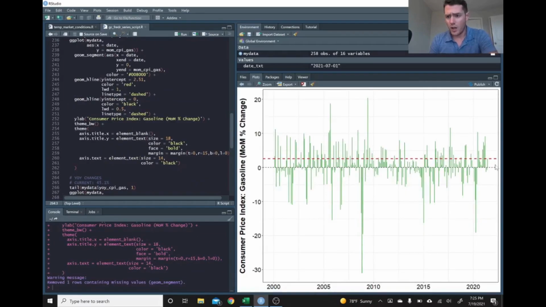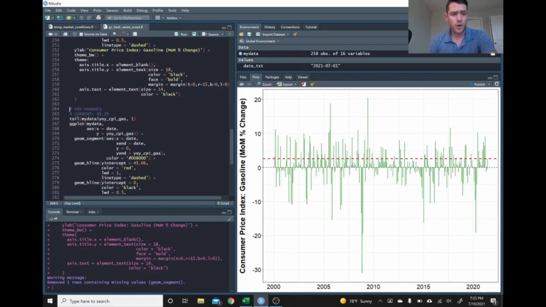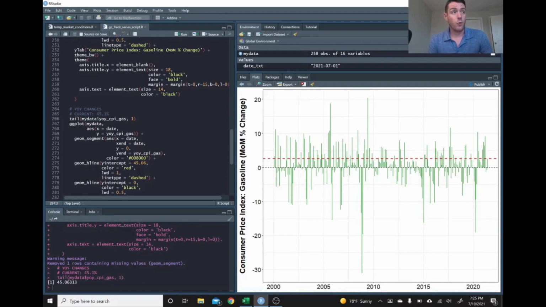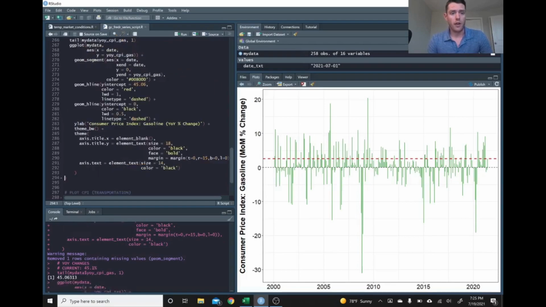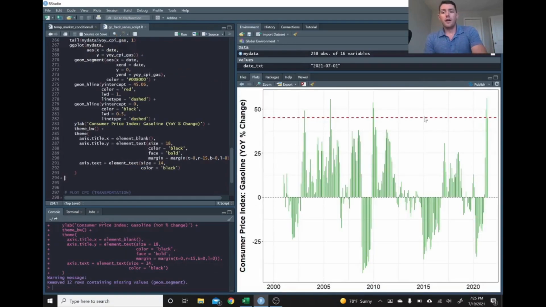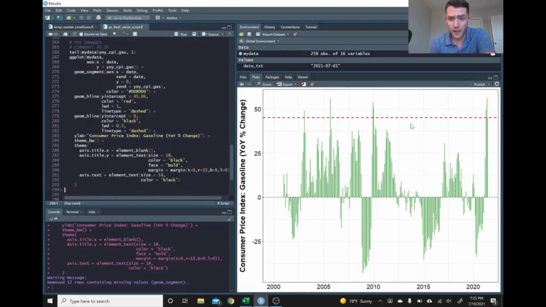That's not too crazy if you look back through history, but the year over year increase is insane. So June 2021 compared to June 2020, the increase was 45%. And that's what that looks like, right? So you've got to go back to 2010 to see those kinds of year over year changes.